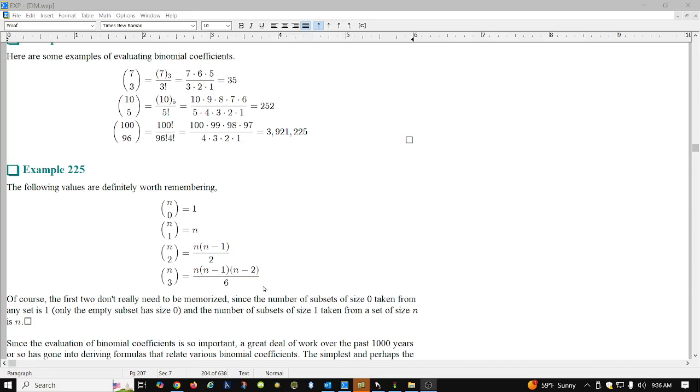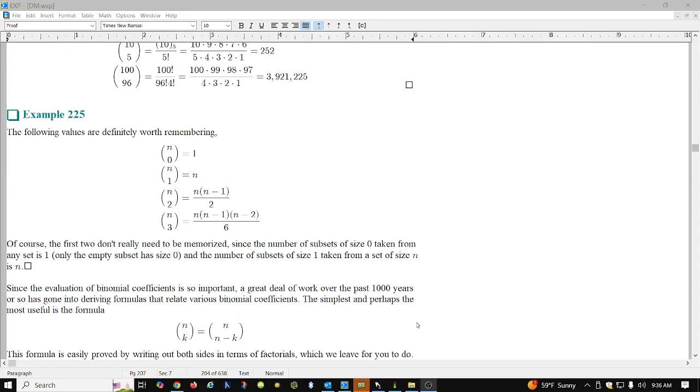Since the evaluation of binomial coefficients is so important, there's been a lot of work in the last, say, 1,000 years going into deriving formulas that relate various binomial coefficients. I have a book, published by a mathematician, I don't know, 60 years ago, something like that.